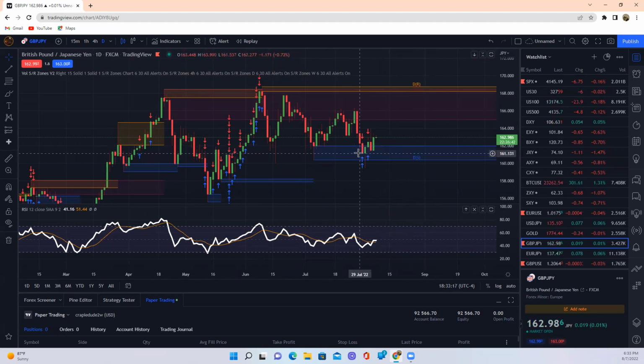So we see that price has come into this daily support area a few times, and has retraced and is currently in retracement mode. So on the daily, according to price action, we are currently uptrending.